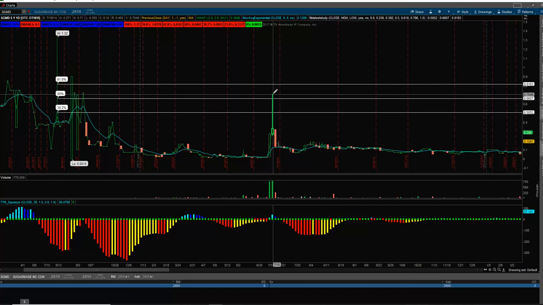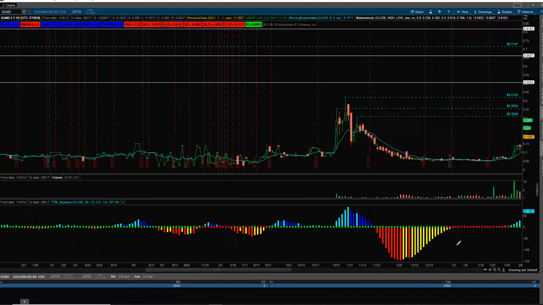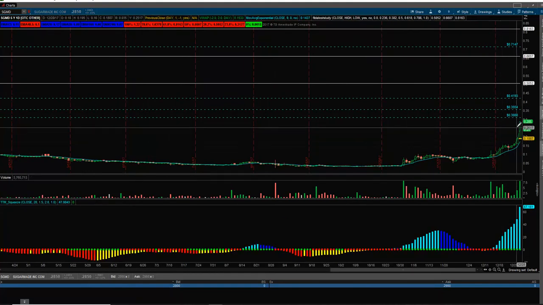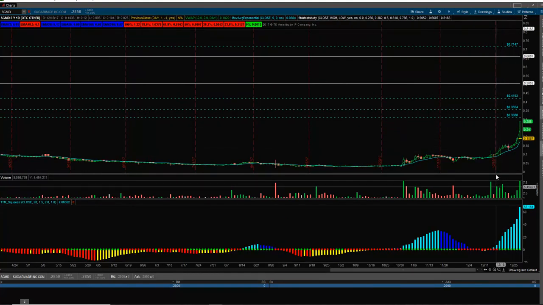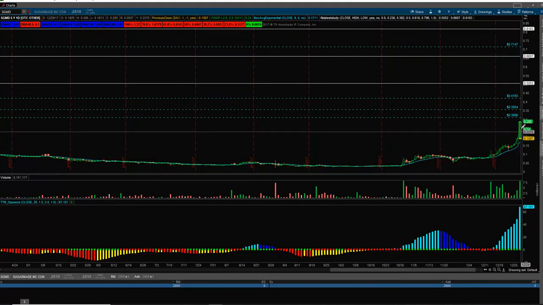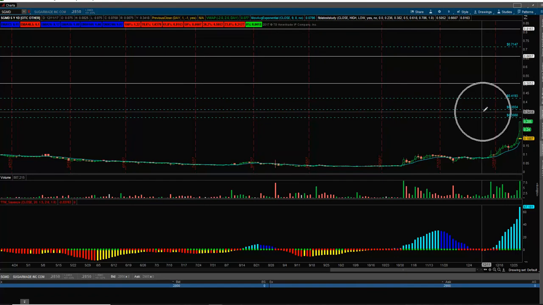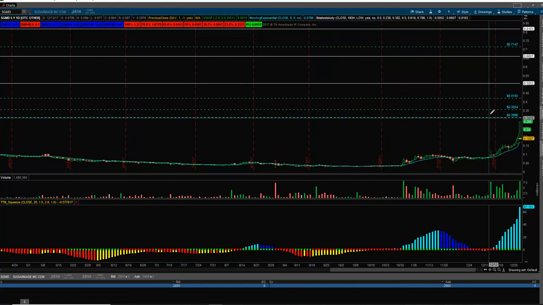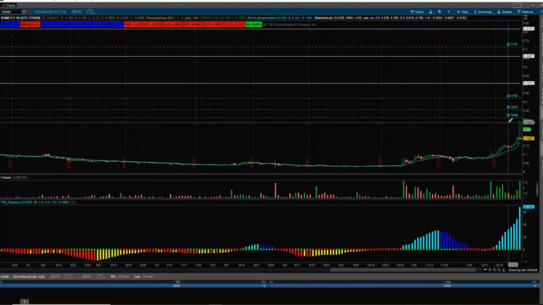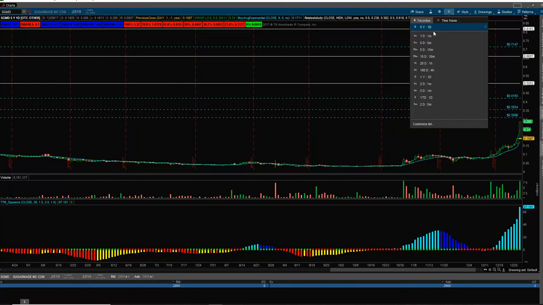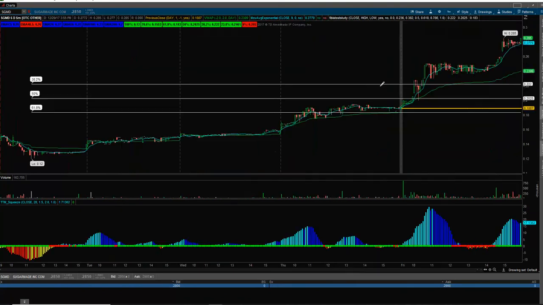It's in a hot sector, and it has spiked before, so the potential for it to spike is there again. It's obviously moving, and the volume is coming in. So I put my key resistance lines here, and you can potentially make a trade off that, if it holds.